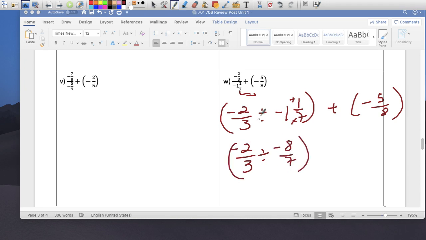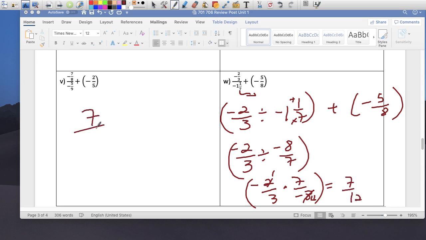Okay, so let's take care of this first. Negative 2 over 3 times 7 over negative 8. Let me simplify this. 4, right? Negative times a negative is a positive. 1 times 7 is 7. 3 times 4, so 7 over 12.